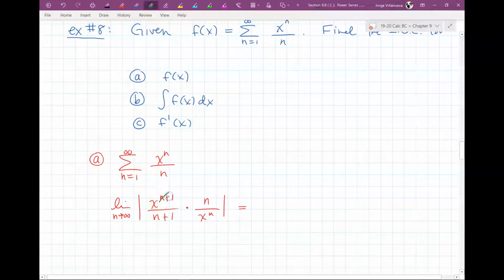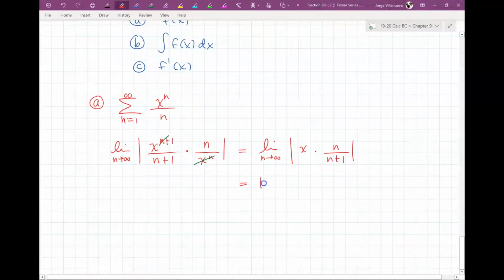The x to the n will cancel with that x to the n, but that plus 1 part is still there. So this is the limit as n goes to infinity of x times n over n plus 1. Well, that's the absolute value of x times the limit as n approaches infinity of n over n plus 1. What's my answer for this? 1, so it's just the absolute value of x.